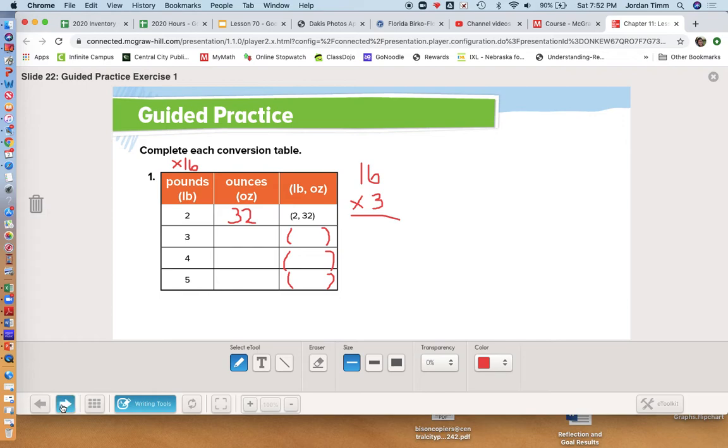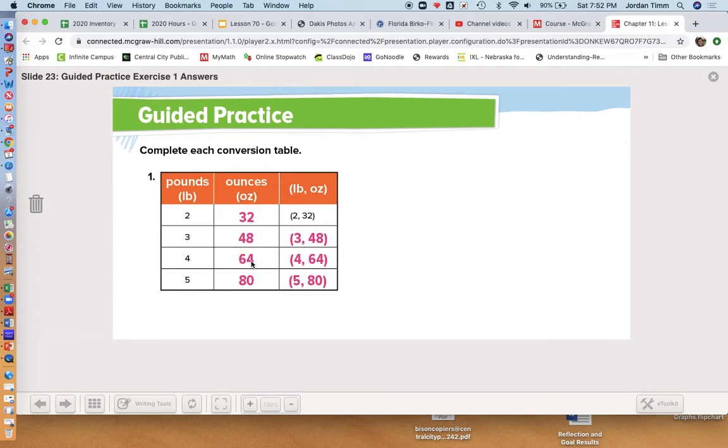Okay, let's go through it: 48, 64, and 80, and then you have them in parentheses there.